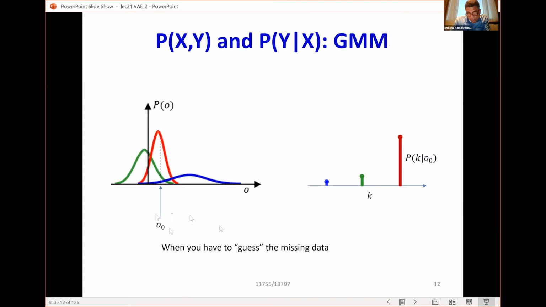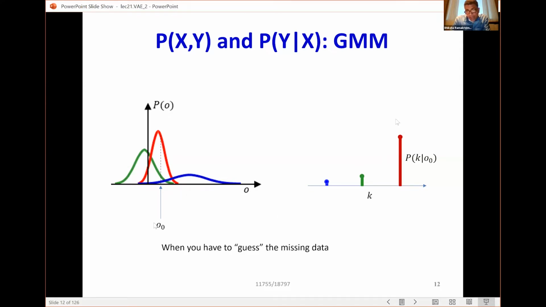So given O, if you were asked which Gaussian was actually chosen when this O was generated, you would be able to say that the probability that the blue Gaussian was chosen was this, the probability that the green Gaussian was chosen was maybe this, and the probability that the red Gaussian was chosen was maybe this.